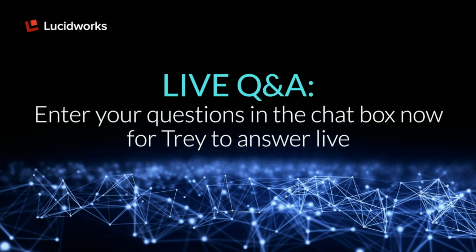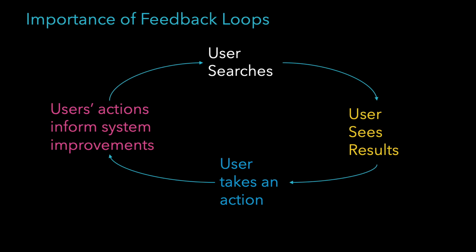Let me see if I can share my screen. I've got a slide I can show. If you see the slide currently on there, you've got this notion of feedback loops. Both learning to rank and signals boosting are different mechanisms for leveraging feedback loops.